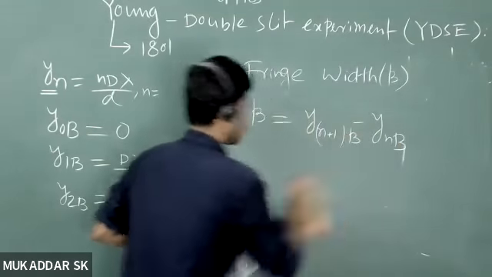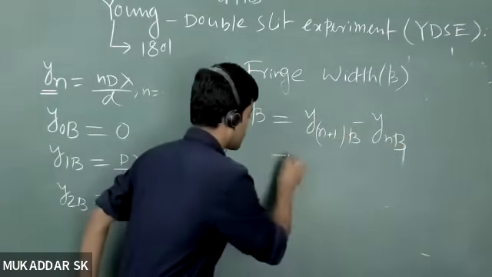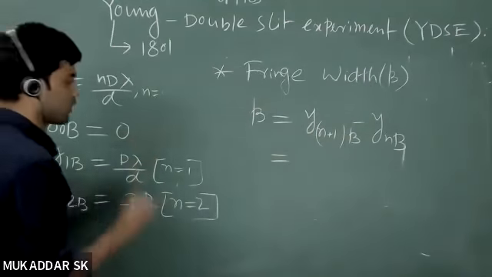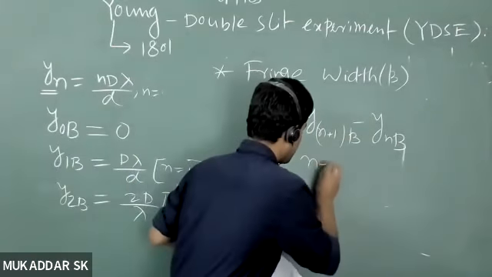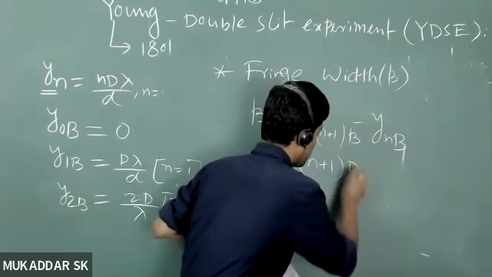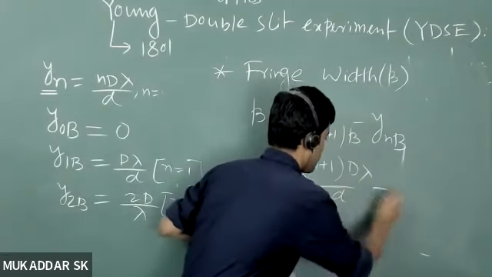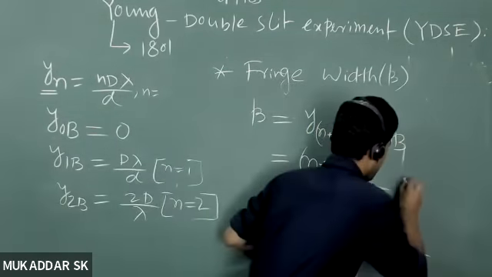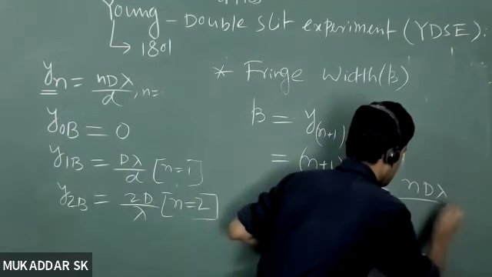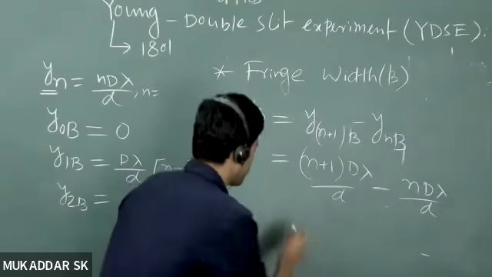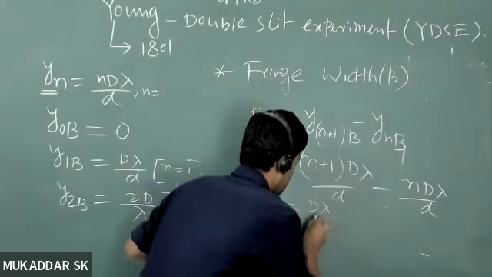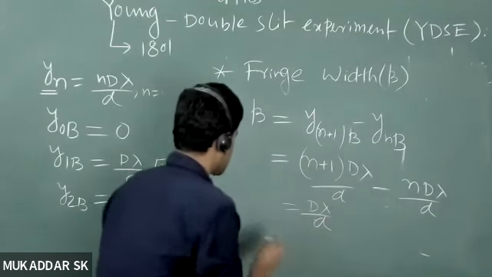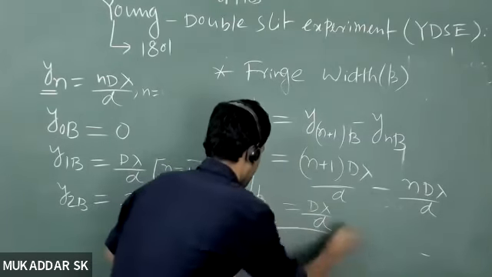So how much will Y(n+1) be? Tell me. I'll write it like this: (n+1) D lambda by d, and Yn will be how much? n D lambda by small d. So it will be basically capital D lambda by small d. This will be your fringe width.